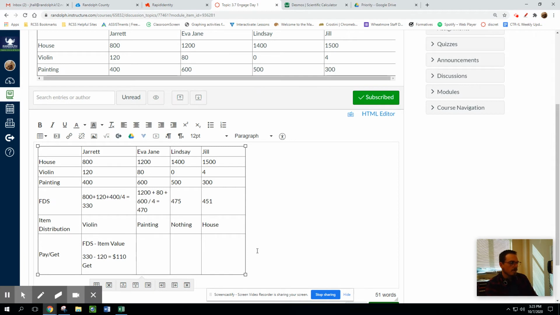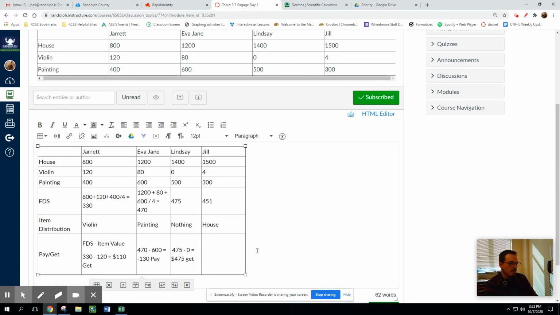For Eva Jane, she got the painting. The painting she valued at 600, so 470 minus 600, that's a negative 130, so that's a pay. Lindsay is going to get 475 minus 0 because she got nothing. That's a positive 475, which is a get.